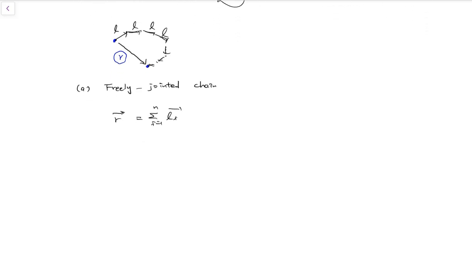And the size of the vector, the end-to-end distance or the R square, can be determined by taking the multiplication of Li and Lj. Okay, if you do the calculation, you get the sum of Li square plus the sum of Li Lj. This is the overall size of the end-to-end distance.